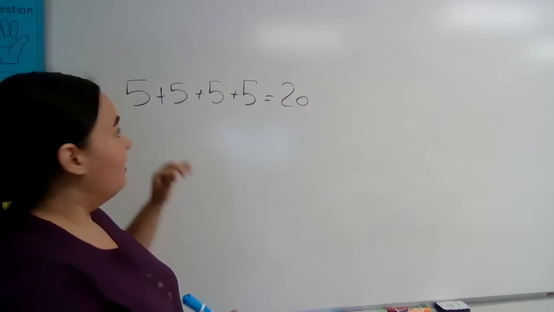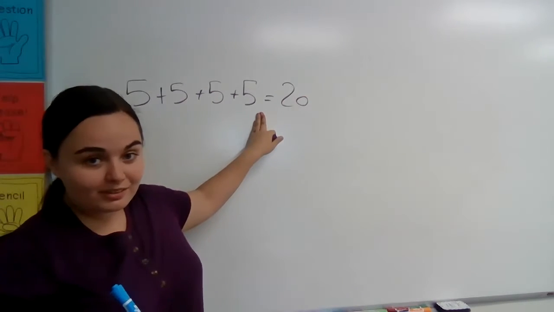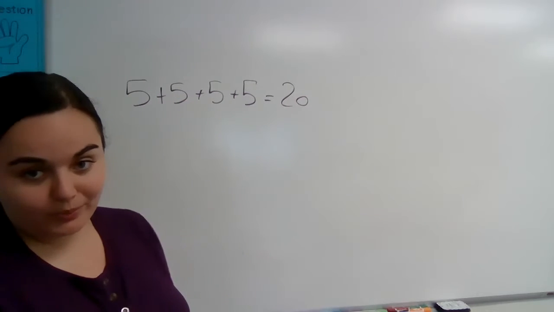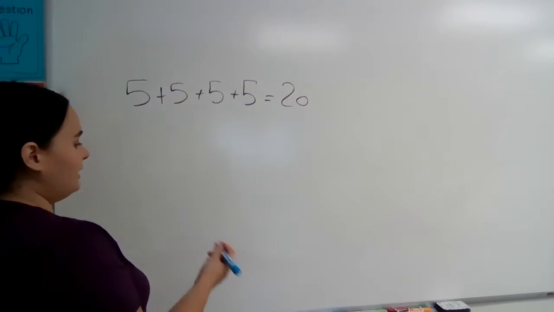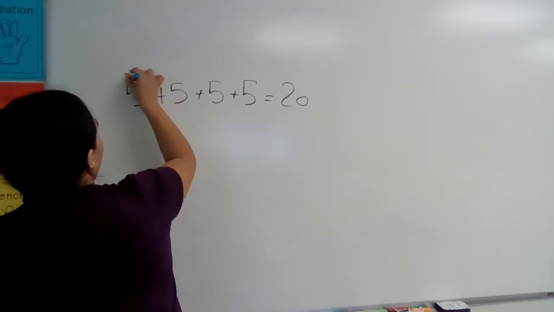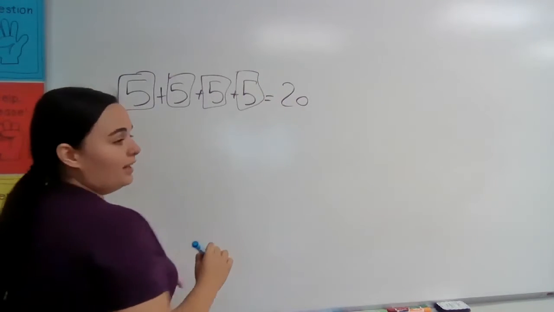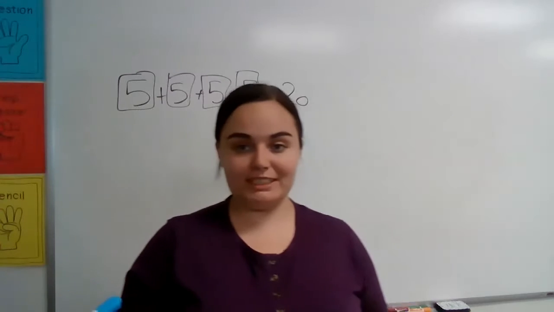Because we have our 4 groups, 4 boxes, with 5 little jars in each, okay? And we know that I can arrange those into their 4 little boxes, like this. And we still end up with that total of 20, okay?